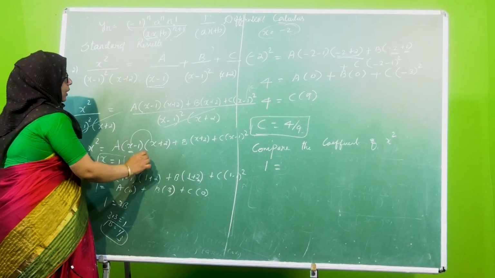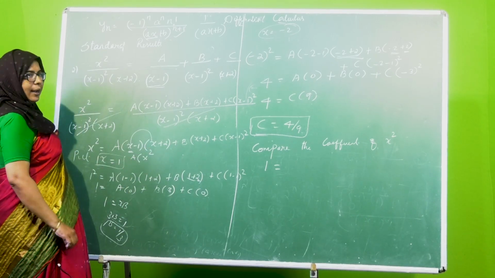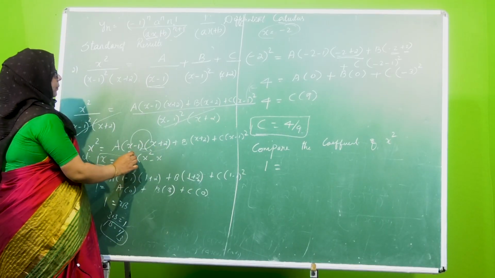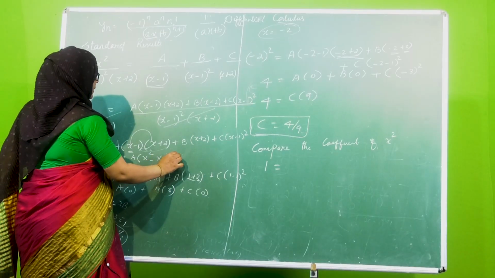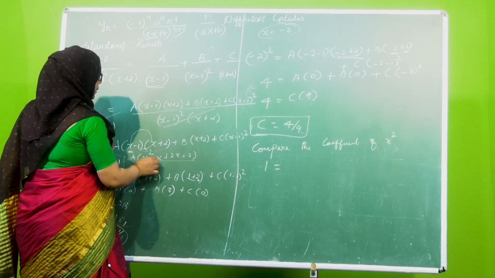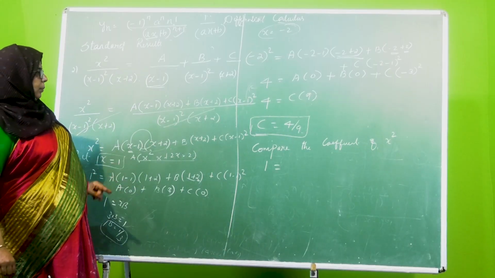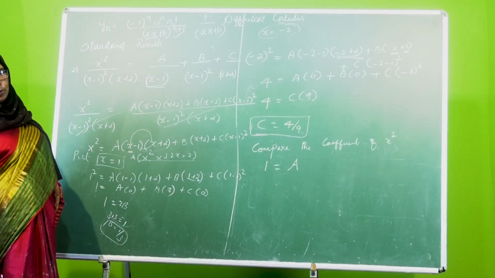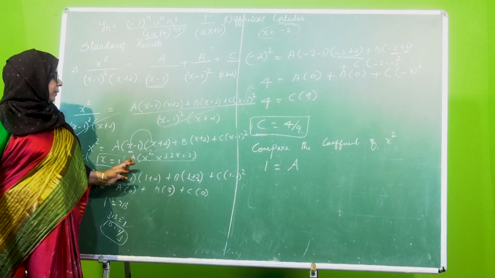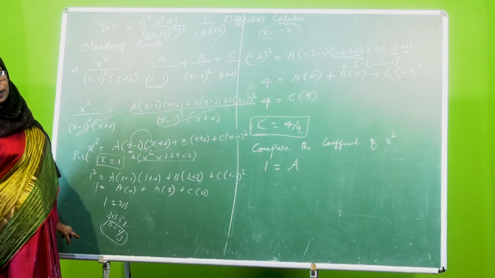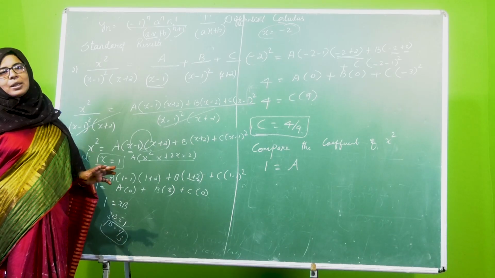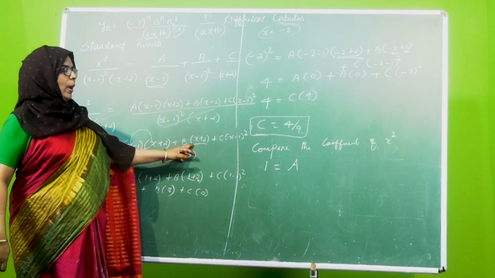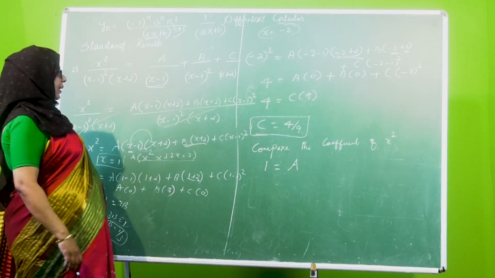A into x is x square minus x plus 2x minus 2. That is x squared, one term. So compare the coefficient of x square, that is the value of A into x square. What is the coefficient of x square? Obviously A. In this term we have no x square, so we neglect the term.